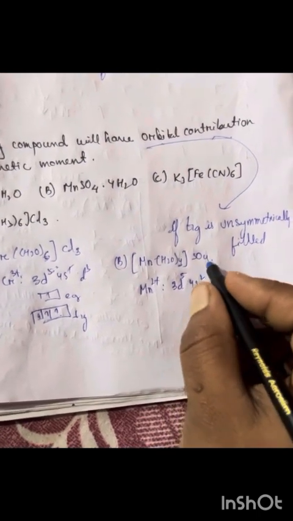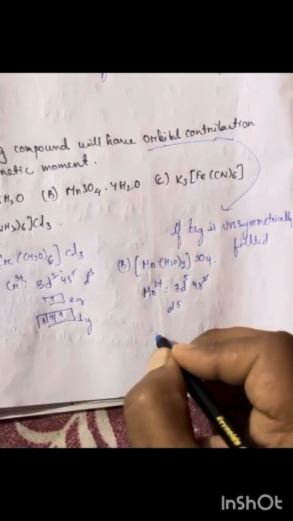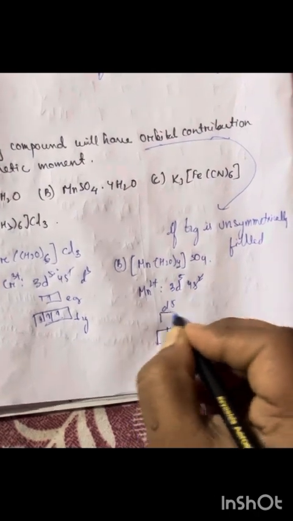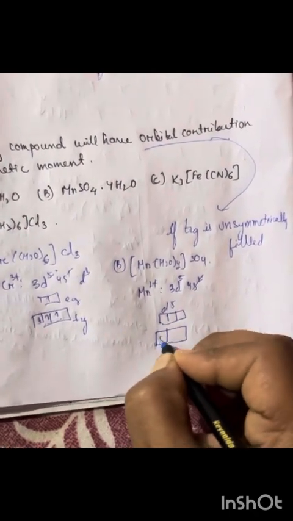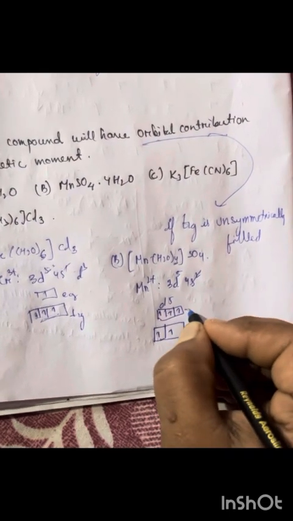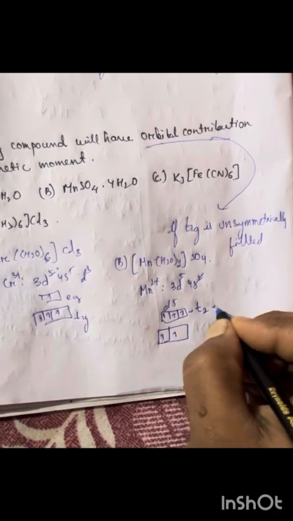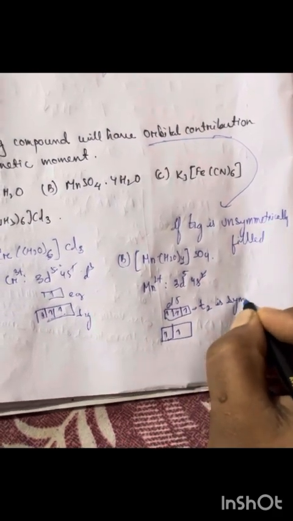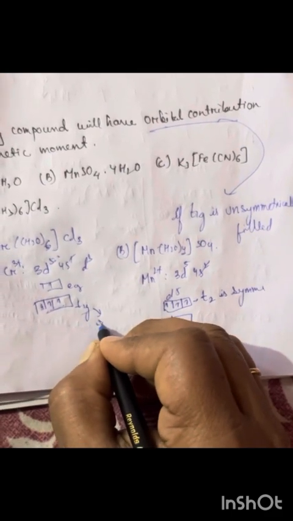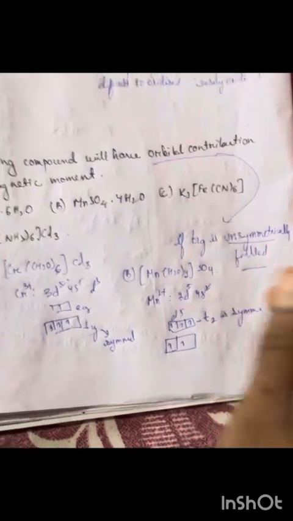Then Mn2 plus with SO4 2 minus. 2 plus means 2 gone, d5. d5 means you already know it is tetrahedral, so Eg will be down, T2g will be up, right. 1, 2, 1, 2, 1, 2, 3, 4, 5, right. You can see T2 is symmetric, right. We want unsymmetric, right. This is also not the answer.